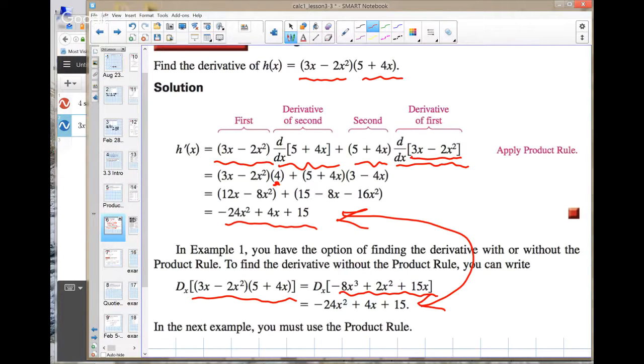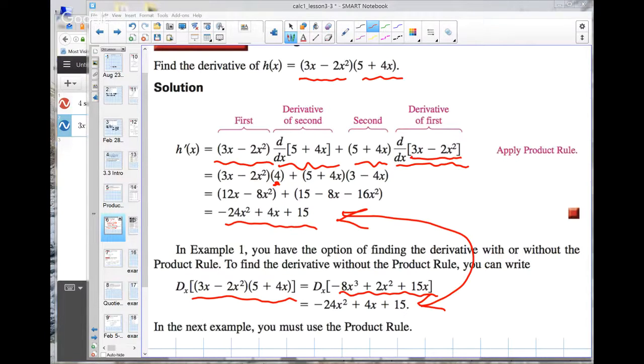So all that's doing is showing you, oh, I forgot to turn the pictures off so you can see a little bit more. Sorry about that, guys. So here we could have avoided using the product rule, but the book used it to kind of gently get you into it.